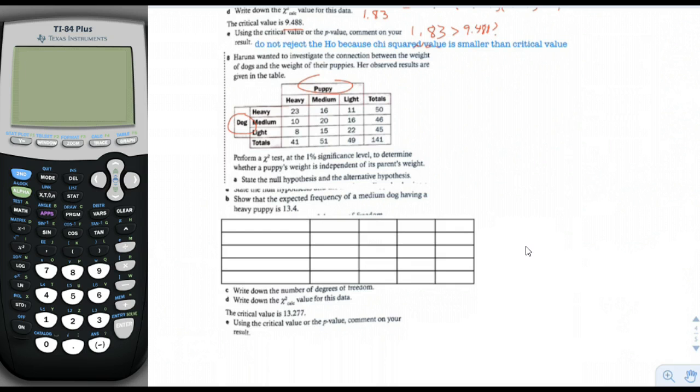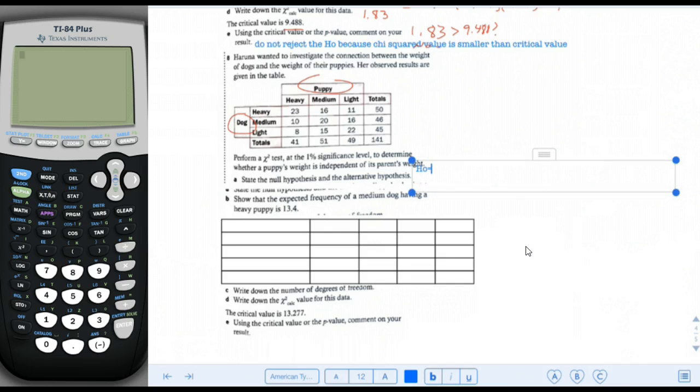So the null hypothesis would be that the two categories are independent. So we would say the null hypothesis is that the two categories are independent: dog weight and their puppy's weight is independent.